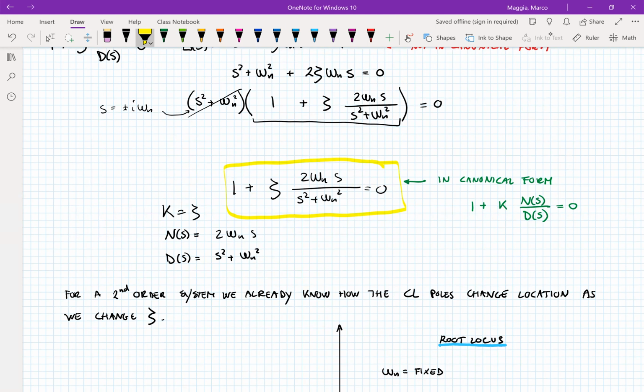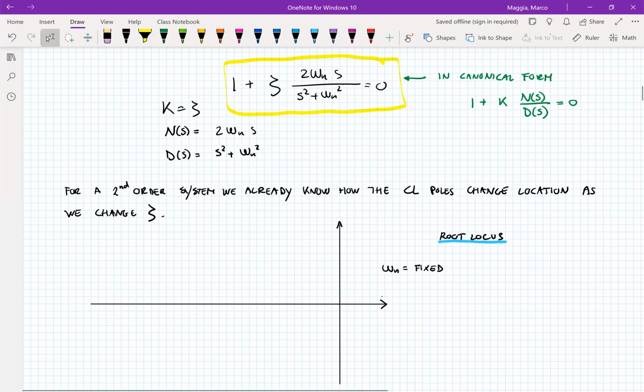So now actually, I want to already draw the root locus for a second order system, because believe it or not, we already know the answer. So let's go back to the definition of the root locus. The root locus is the visualization of all the possible locations for the closed loop poles as a parameter changes.